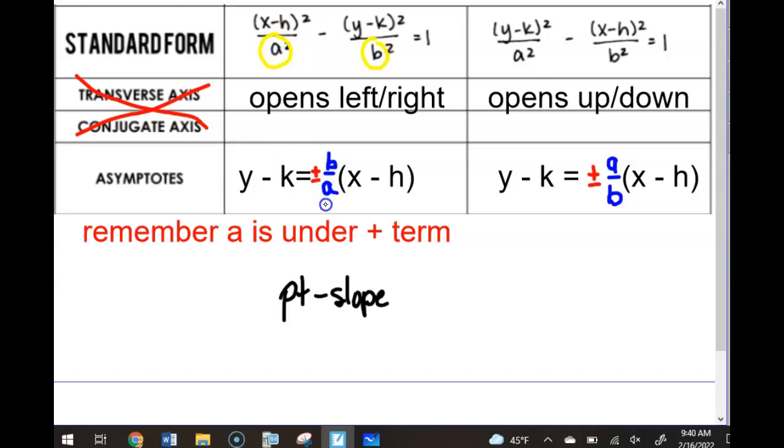Does that make sense? Over here, the a is under the y term, and the b is under the x term. So slope is change in y over change in x, so it's a over b on that one. Now, I'm not going to take your reference sheet away, and as long as you're looking at the reference sheet correctly, you'll be fine. But I just wanted to point out why that is.